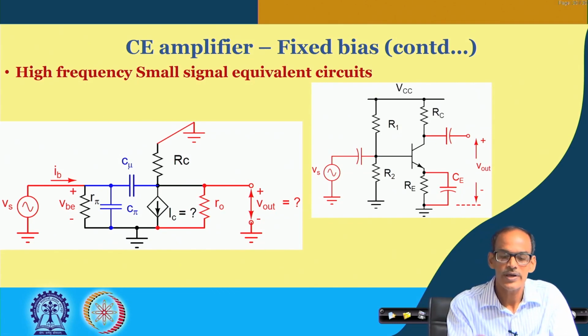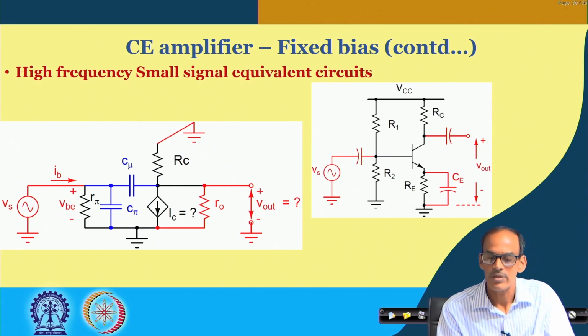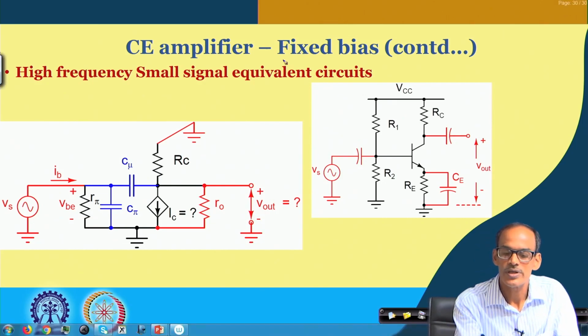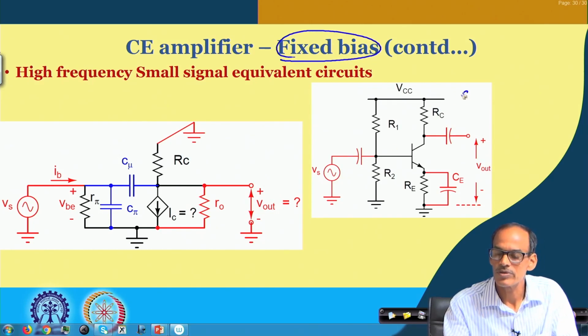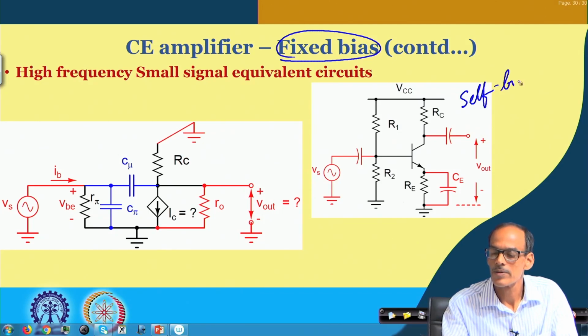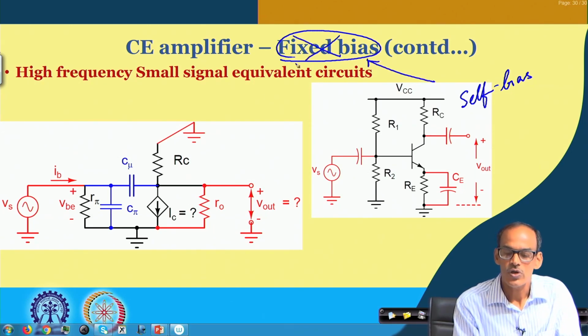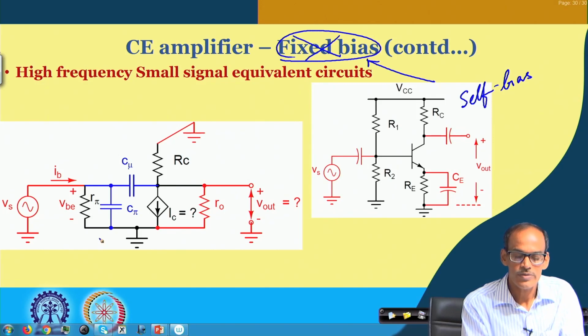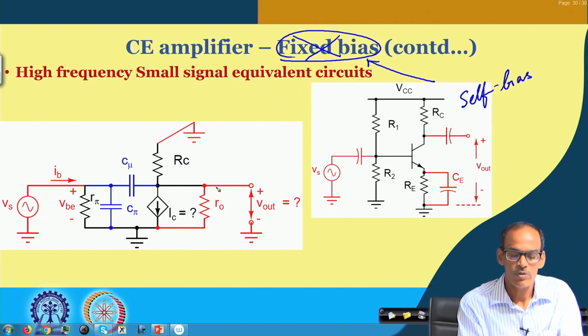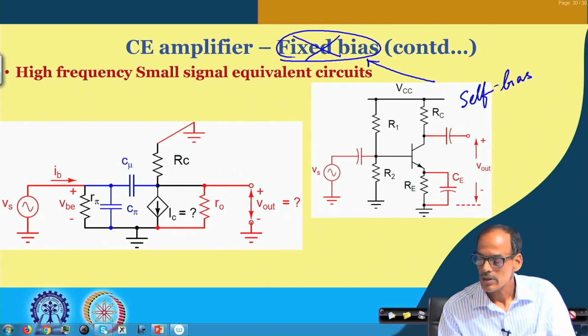So, not only for fixed bias, but even for this self bias, of course. In fact, I should have written self bias instead of fixed bias. So, even for this circuit the small signal equivalent circuit becomes like this.